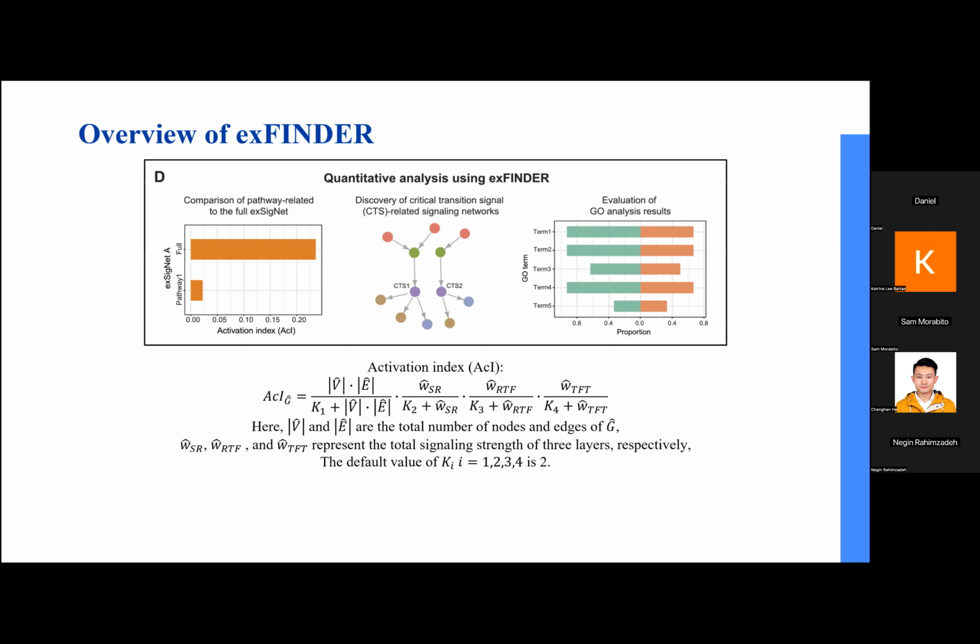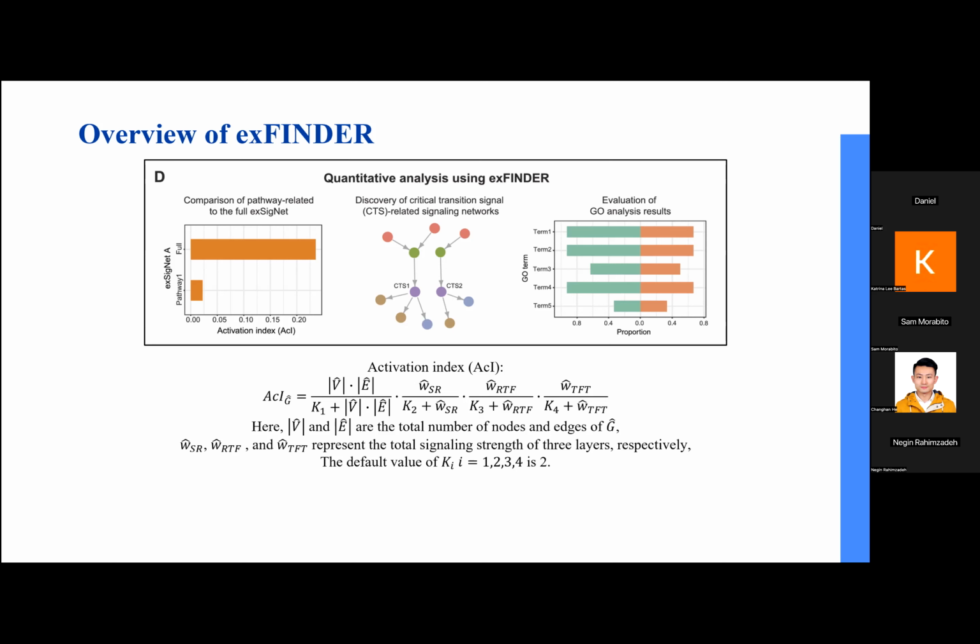And the last part is that we can evaluate the GO analysis result. What we do is we input the whole inferred external signal target network, and then do the GO analysis, and then we can have different terms.